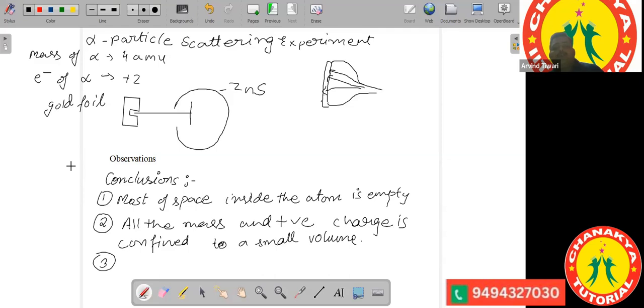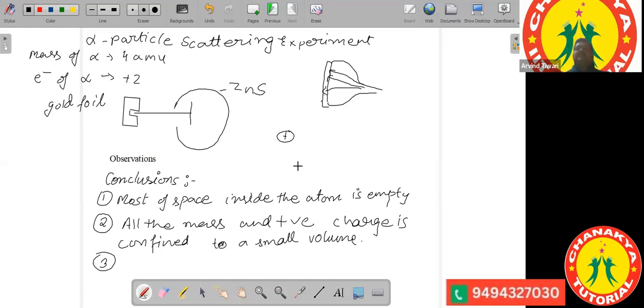That means all the positive charge is confined in a very small volume. It is not that positive and negative charges are mixed up together. Had they been mixed up, the alpha particles would not have deviated by small angles. The alpha particles deviated by small angles. It means that there is a center of positive charge.